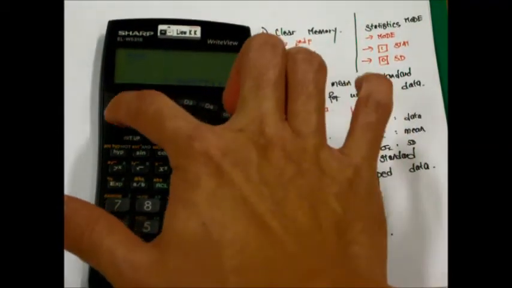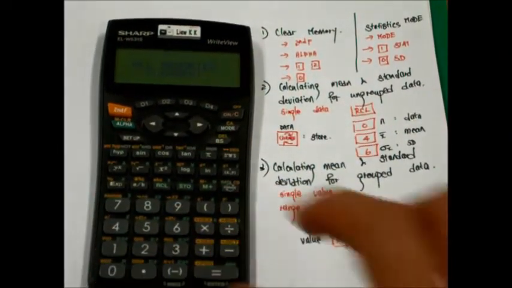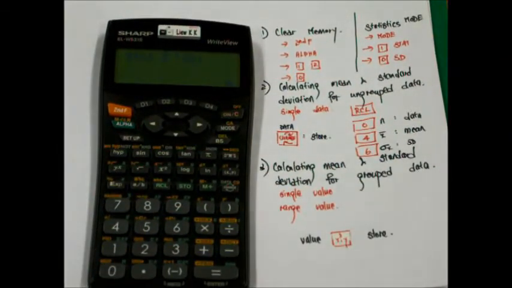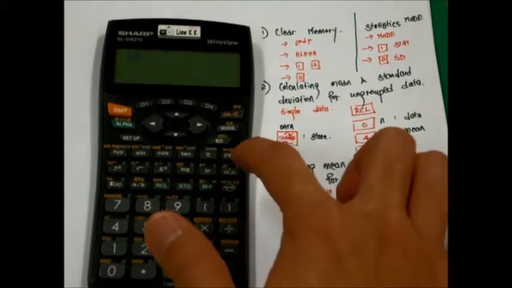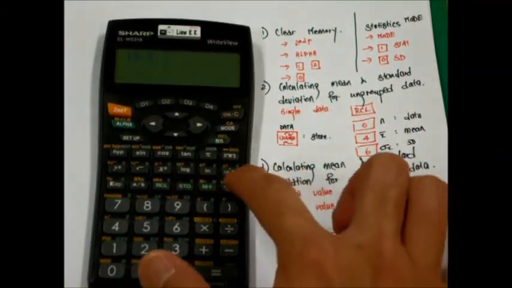Clear the memory. Next, we are ready to enter our data. First, we have 15. The frequency is 9. Store it in.